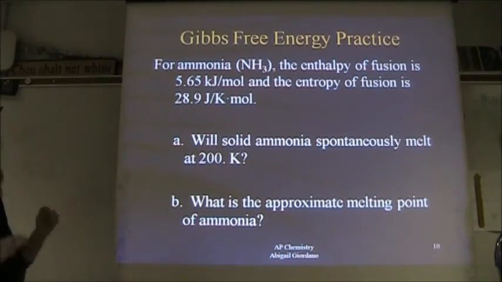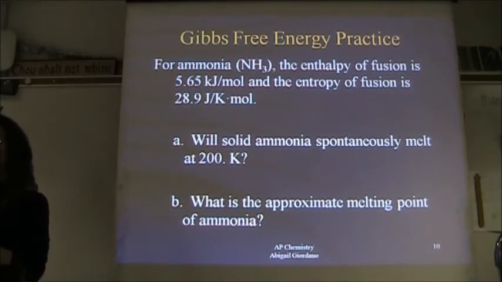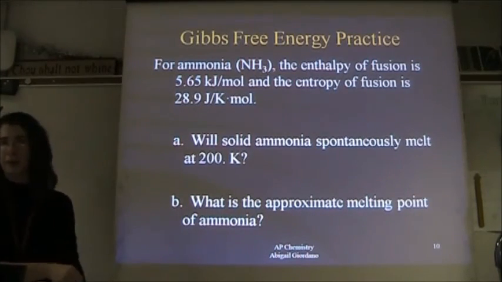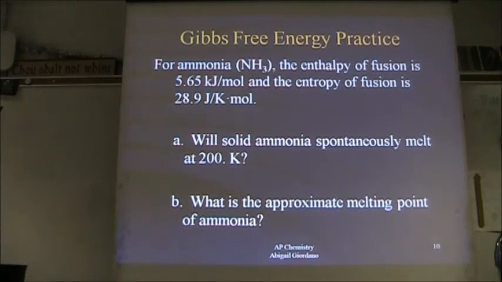This is the last thing we're going to do, and you might want to write this down before you even read this problem. I just said delta G equaling 0 means you are at equilibrium.